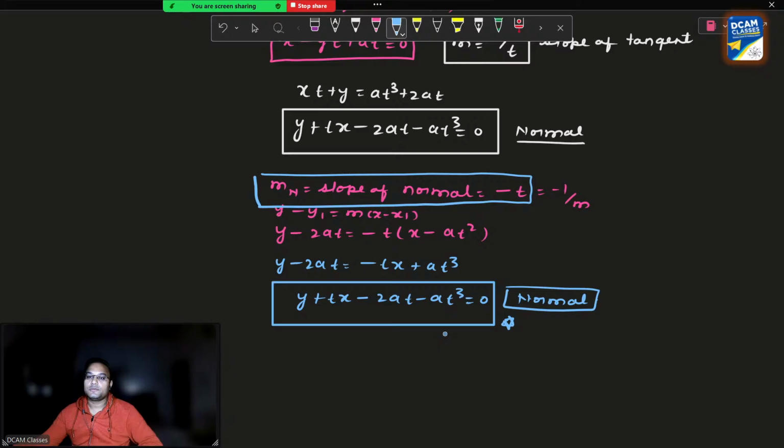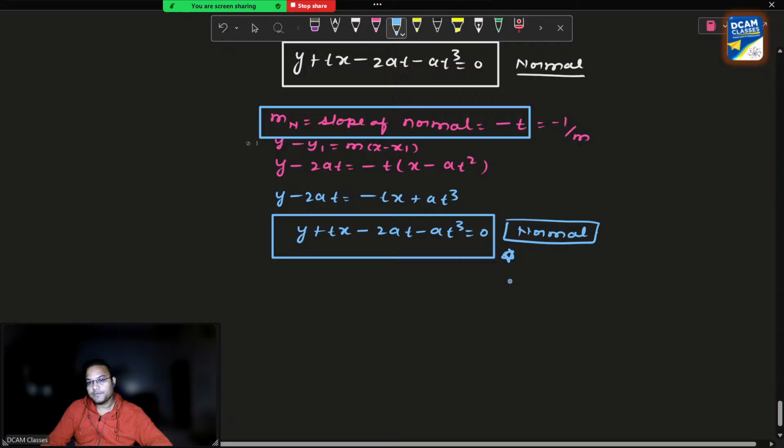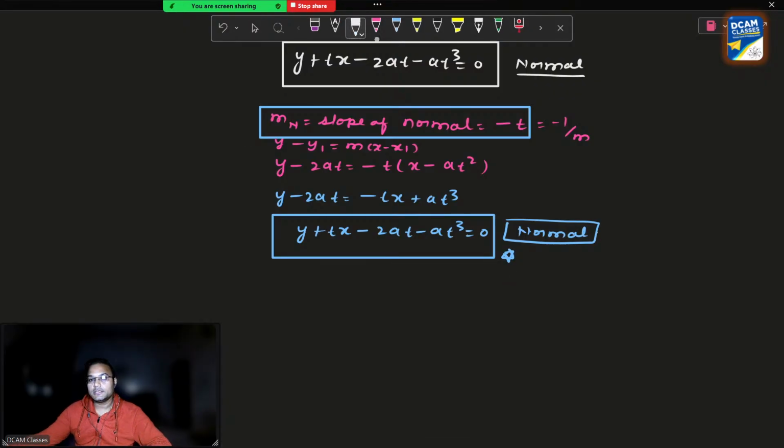But one interesting observation is there. What's that interesting observation? If you see this equation, it's at cube plus 2at minus tx minus y is equal to 0. This equation is a cubic in t. That means it has 3 roots, right?